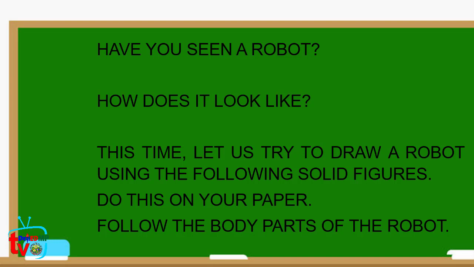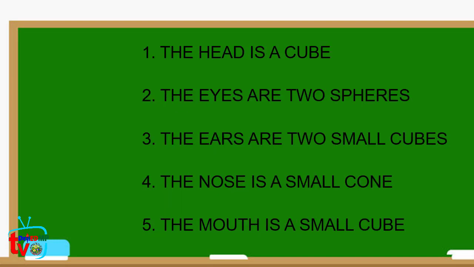Follow the body parts of the robot. Number 1. The head is a cube. Number 2, the eyes are 2 spheres.